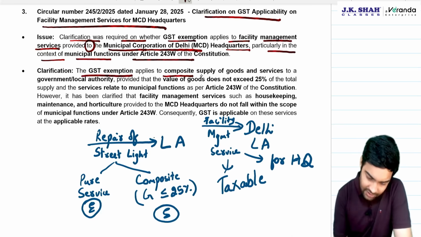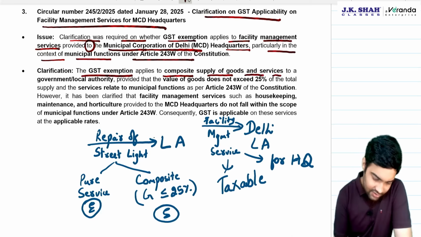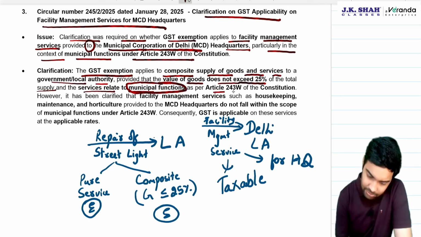The GST exemption applies to composite supply of goods and services to government or local authority, provided value of goods does not exceed 5% of total supply and service is related to municipal function as per 243W of the Constitution.